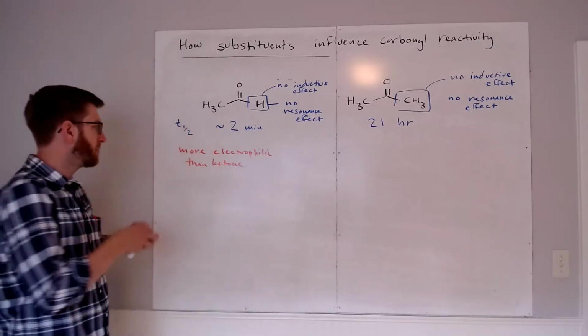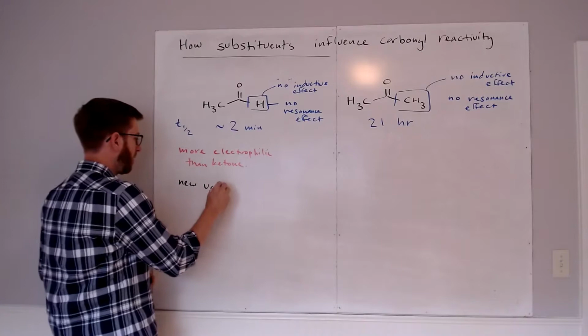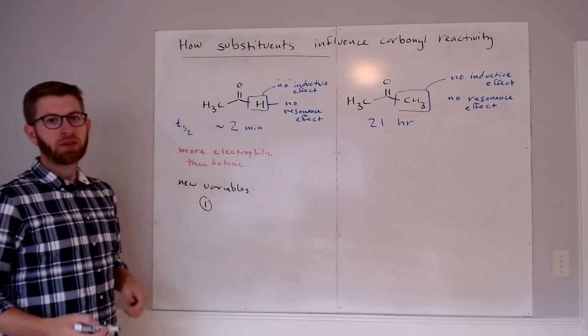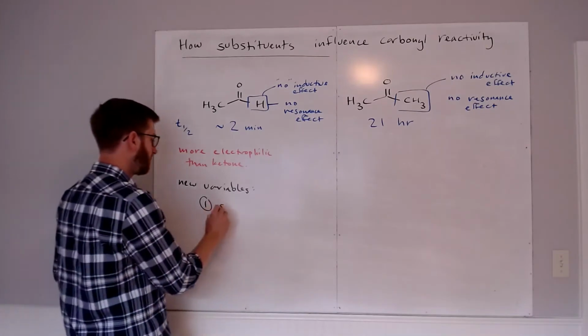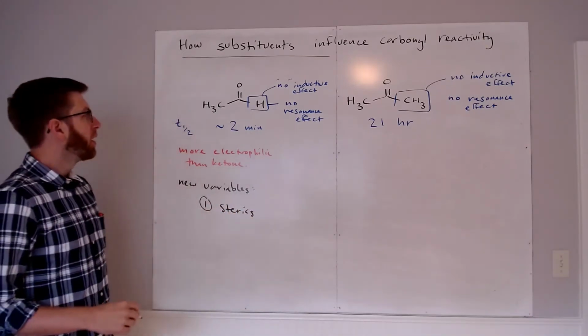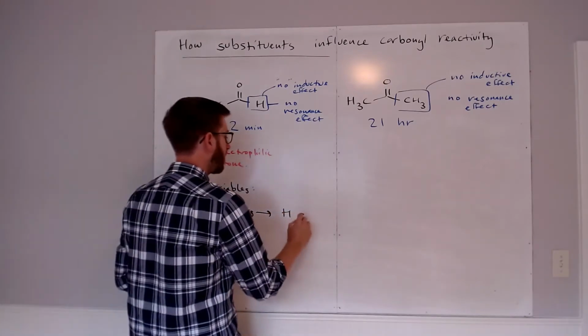So let's talk about some new variables. One of them isn't so new, it's just that we haven't discussed it yet, and that's sterics. This came up in the second video. If we think about a hydrogen, it's going to be a lot smaller than a methyl.